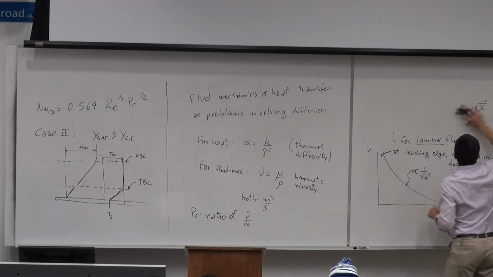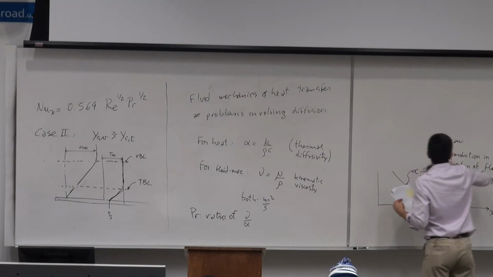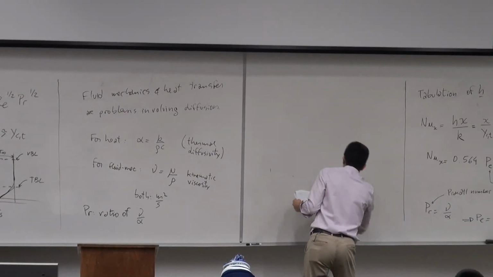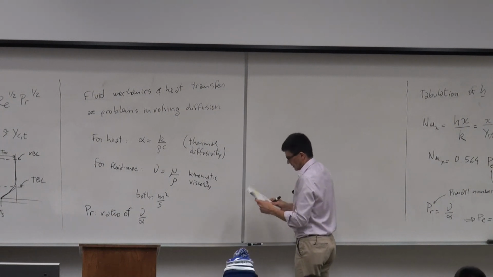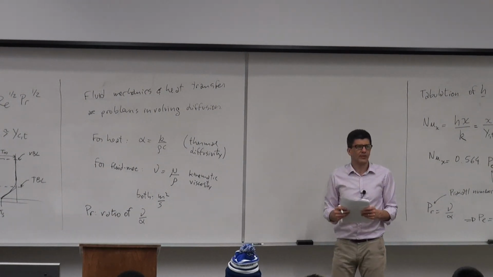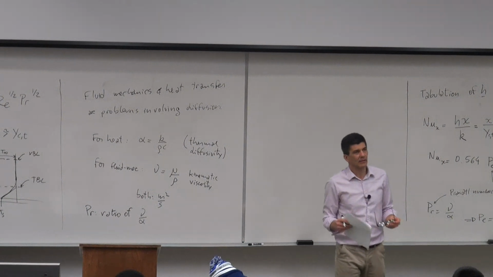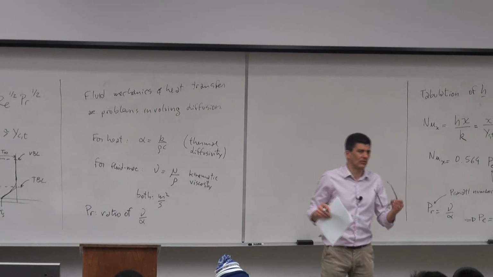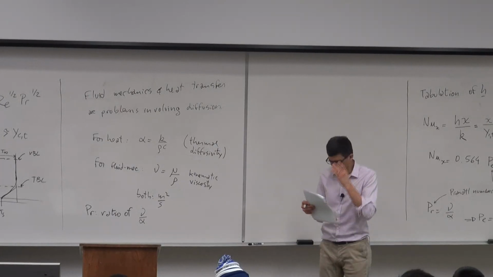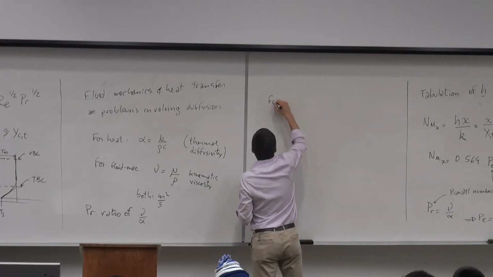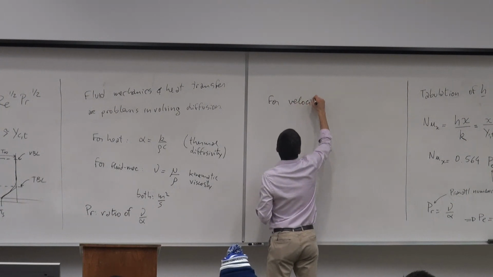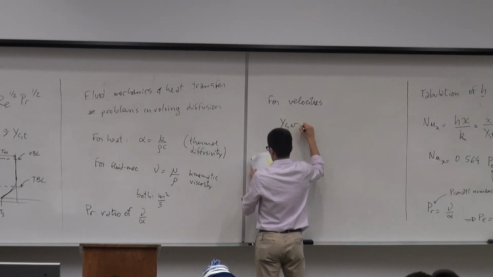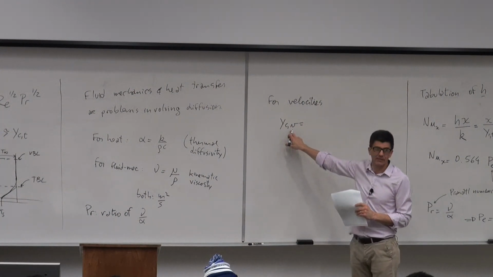So here is something super interesting, because if you remember, we said for the case of penetration of heat in a semi-infinite solid, it was square root of alpha t times, I don't know, it could be square root of pi or similar things. But for velocities, this is the penetration of the velocity, right?